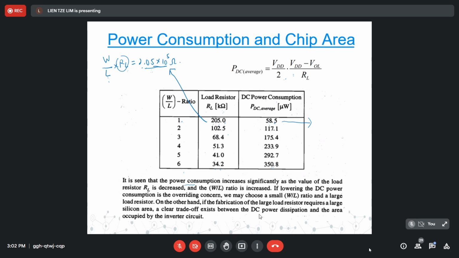Just now I said that choosing this one will be better because of lower power consumption, but there is another drawback: these high values of load resistor will take more space to fabricate on the chip. Fabrication of the large load resistor requires a large silicon area. So this is the trade-off. The trade-off means there is a good side and a negative side.